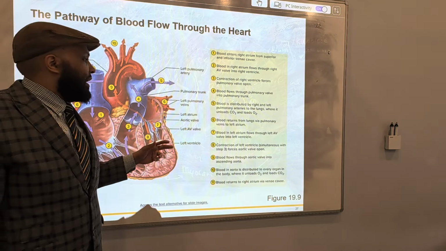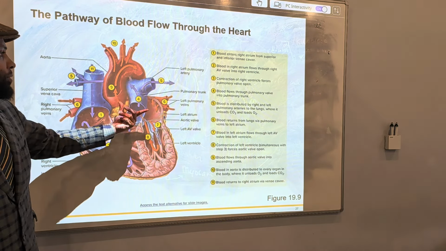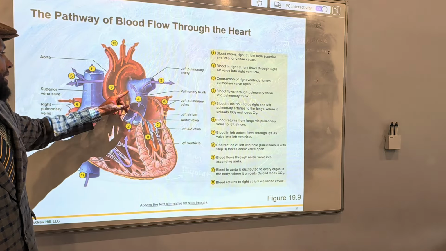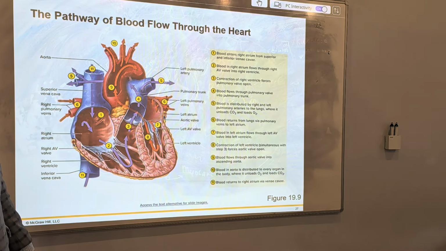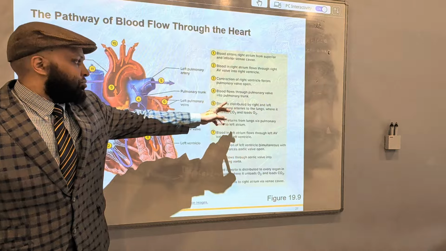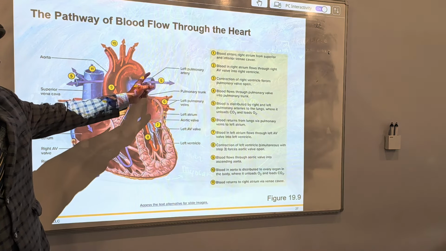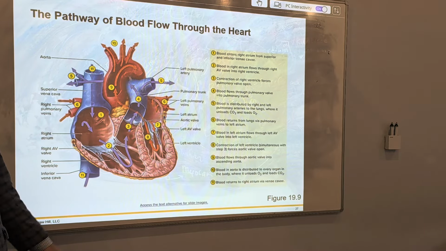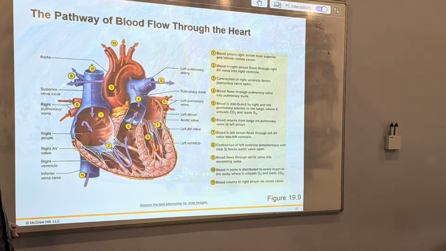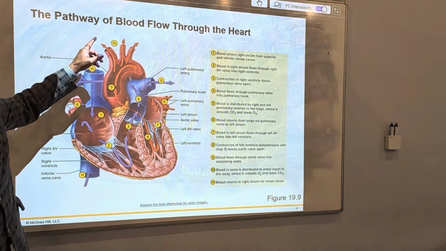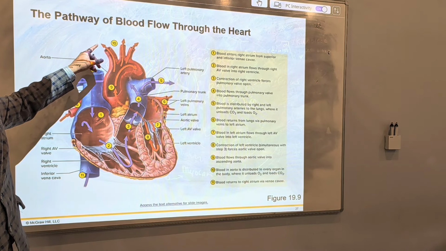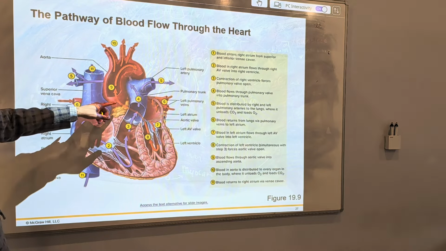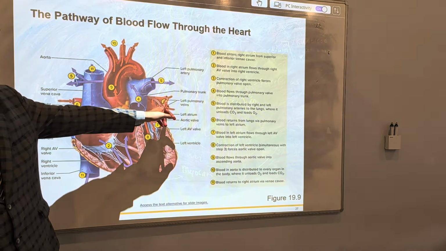Then contraction of the right ventricle forces the pulmonary valve to open. The blood flows through the pulmonary valve into the pulmonary trunk, and is distributed by the right and left pulmonary arteries to the lungs, where it unloads carbon dioxide and loads oxygen. Then we come back to the system. The blood returns from the lung via the pulmonary veins to the left atrium.